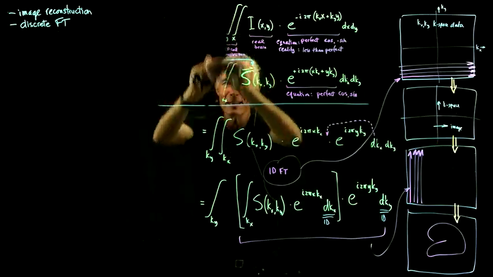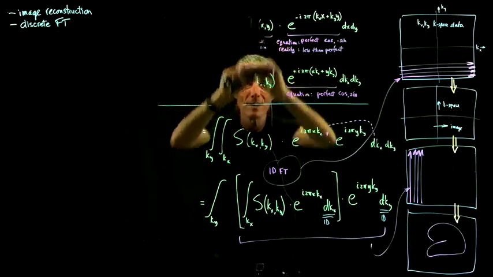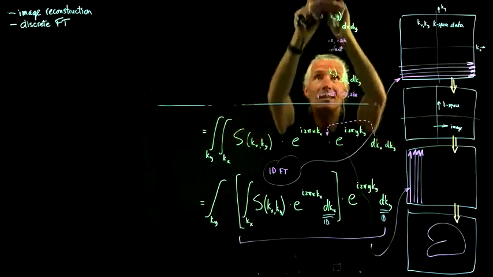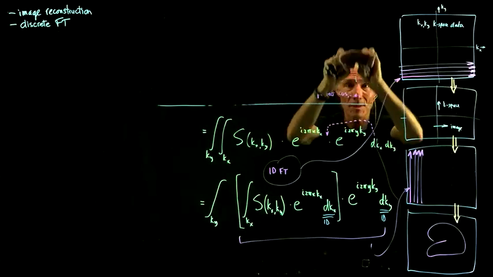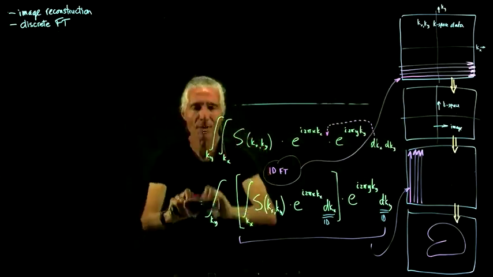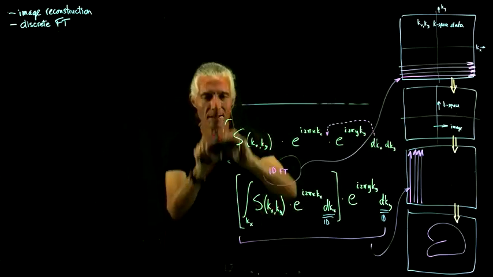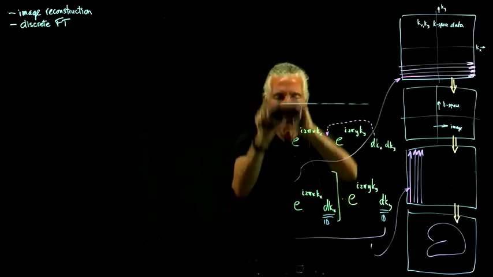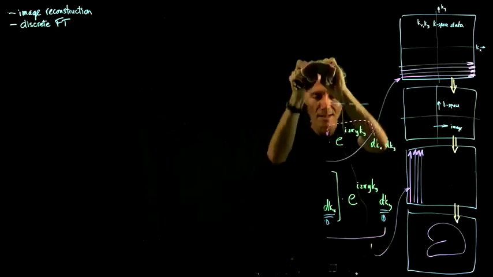But we're still doing infinite Fourier transforms. So now we have to talk about what if we didn't do something that was infinite. Now we have to write out our Fourier transform as a discrete sum, and this is what's really done in the scanner.